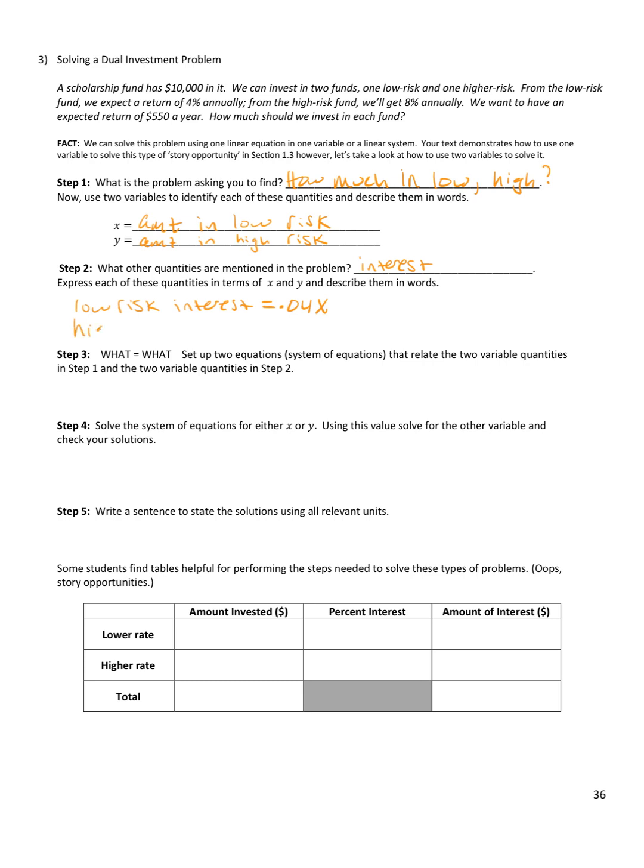And then high risk interest, the high risk gets 8%, and so we do 8% of the amount we put in the high risk fund, which is y. And then what equals what? Well, our total interest is $550 a year. So I'm going to take my low risk interest plus my high risk interest, and I want them to total $550.